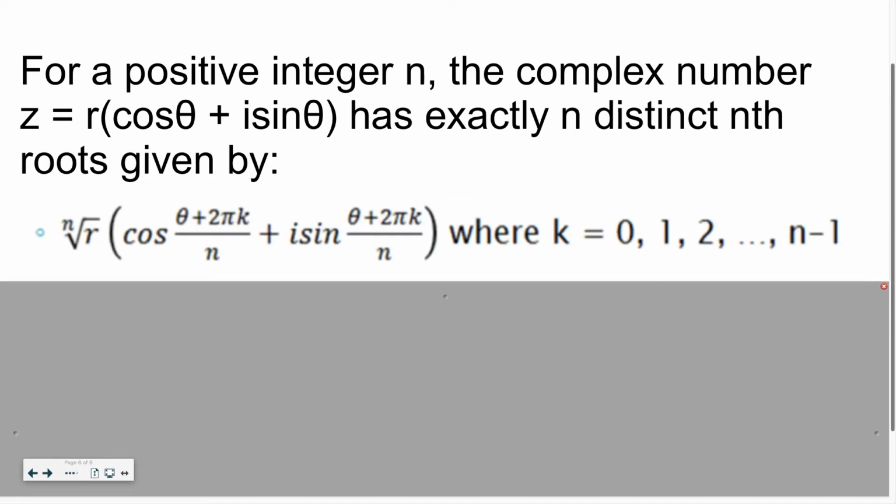To find them, this is our formula. So just write it down and then we're going to talk through it.